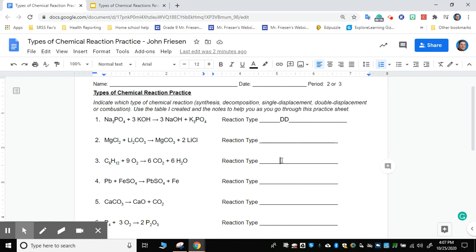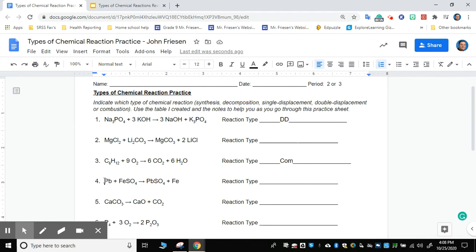So this is what we call a combustion or hydrocarbon combustion reaction. Always look for these 3. This number, this number, this number might change, but you'll have O2, CO2, and H2O, which are always present.